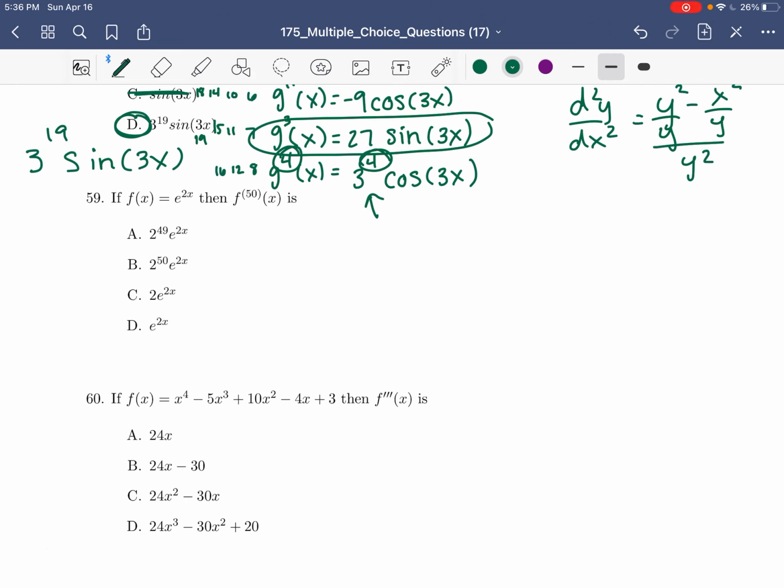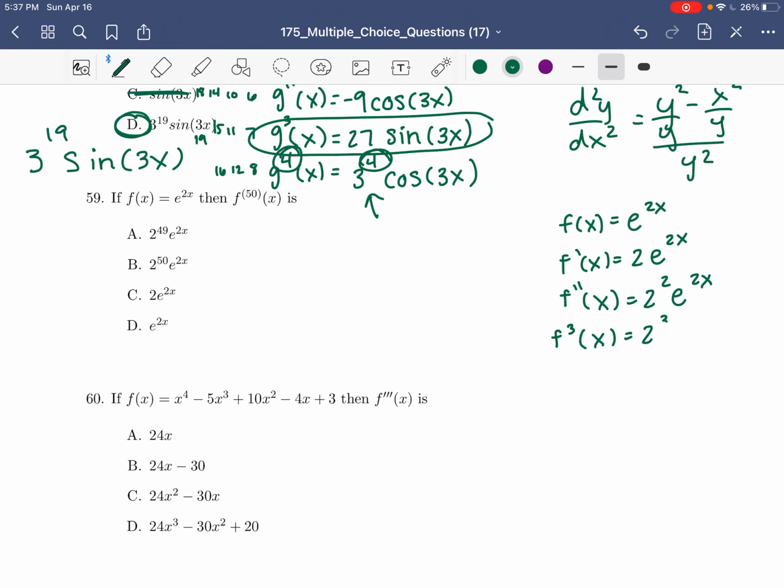Alright, 59. We're going to do something else very similar to that one because obviously we're not going to find the 50th derivative. So we know f of x equals e to the 2x. First derivative, 2e to the 2x. Second derivative, 2 squared e to the 2x.